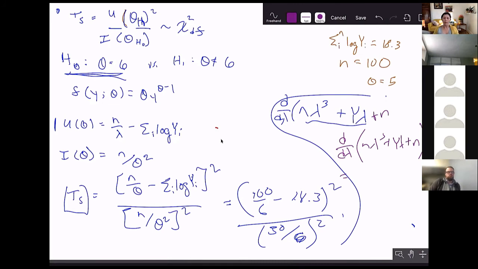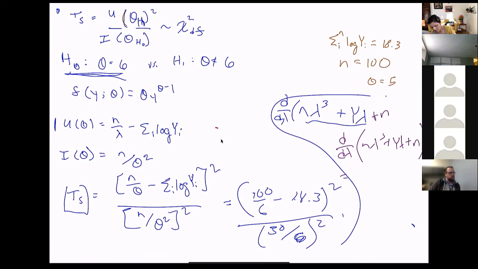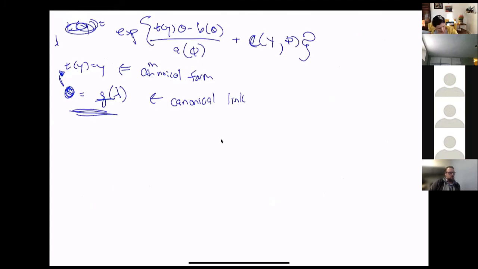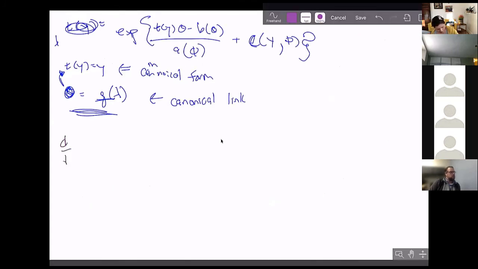I think what you're probably lost on here is you probably just need a little refresher on the rules of differentiation, and that's totally okay. Whatever I said, lambda squared or lambda cubed.